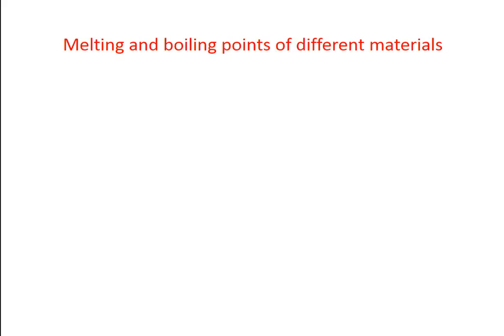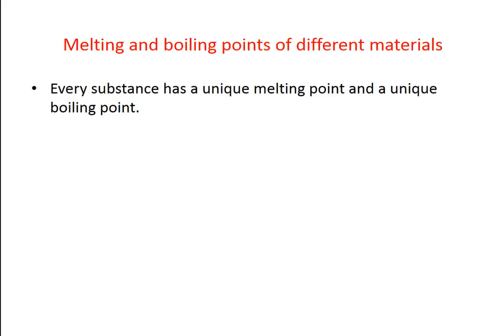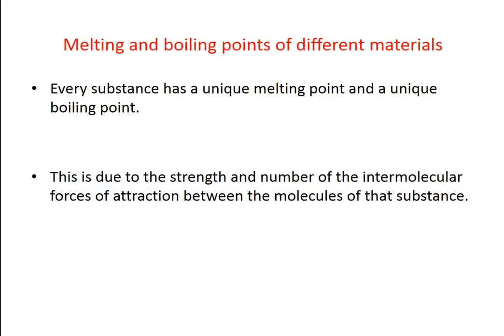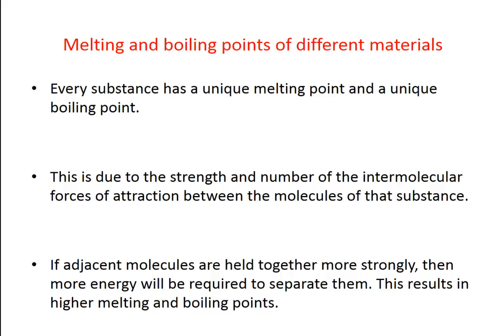So we can think about the melting and boiling points. Every substance has a unique melting point and a unique boiling point. And this is due to the strength and number of intermolecular forces of attraction between the molecules. So if a molecule has a lot of attractions, definitely you need more energy to melt it, or more energy to boil it.